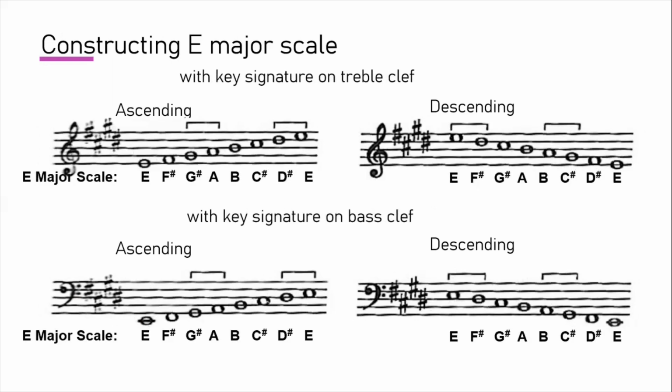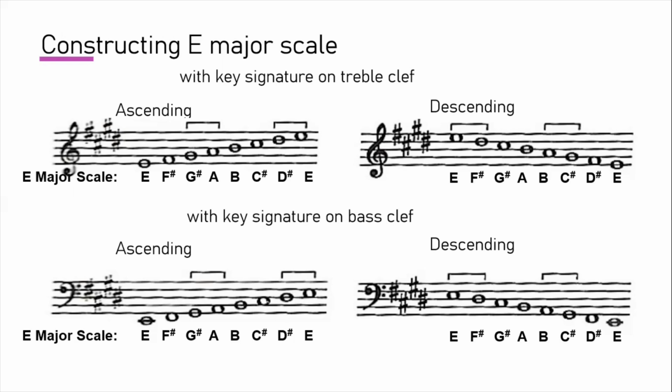Now, let's look at constructing E major scale as well with key signature on the treble clef and also on the bass clef. Well, let's go with the treble clef right now. Now we can see how the notes are ascending.